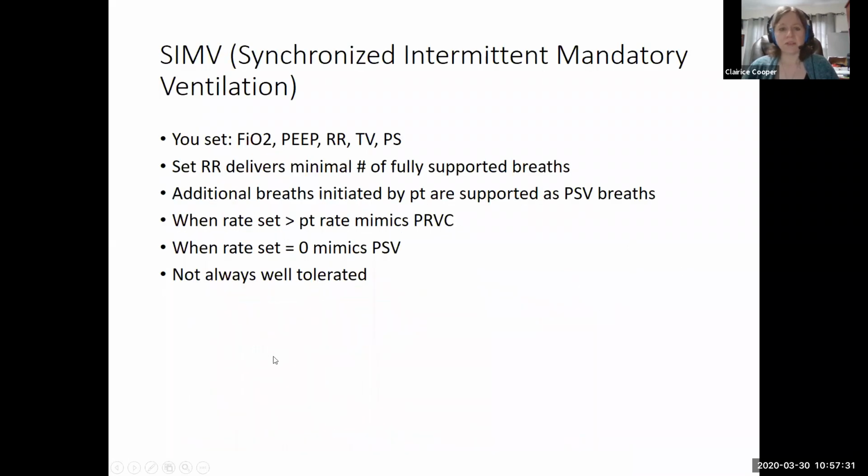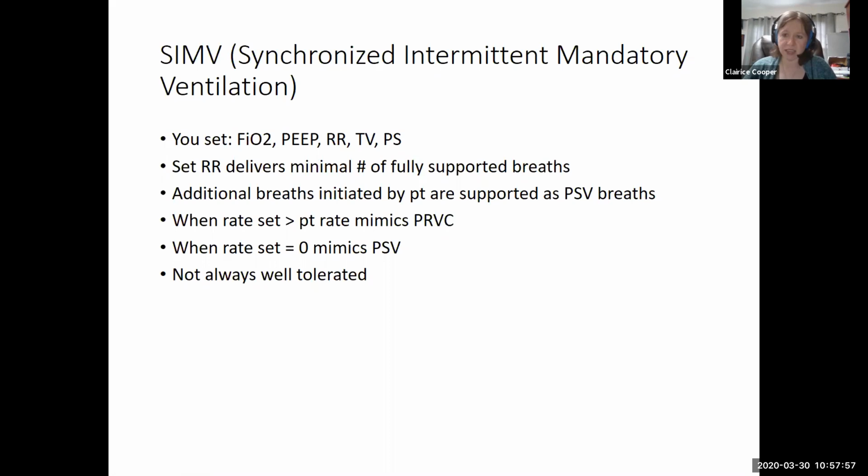So just to focus on that for a moment, you can think of SIMV with pressure support as a cross between PRVC and pressure support, where instead of setting 4 things in PRVC, you actually set 5. The main difference is with PRVC, every single breath that the patient initiates is a ventilated breath.